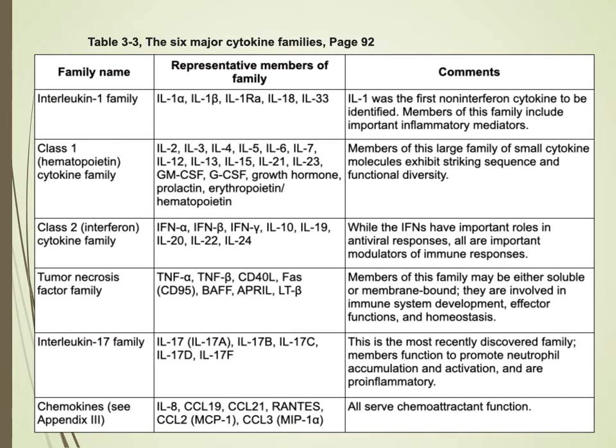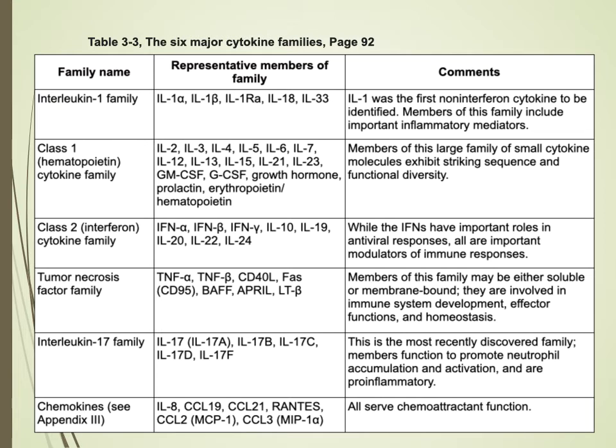So there are 6 major cytokine families, and we'll look at some of these different cytokine families in more detail. I'm not going to ask, here's a cytokine, what family is it a member of, though some of it is kind of intuitive. So if you see something with IL-1, then we could assume that it's in the interleukin-1 family, or IL-1 family.